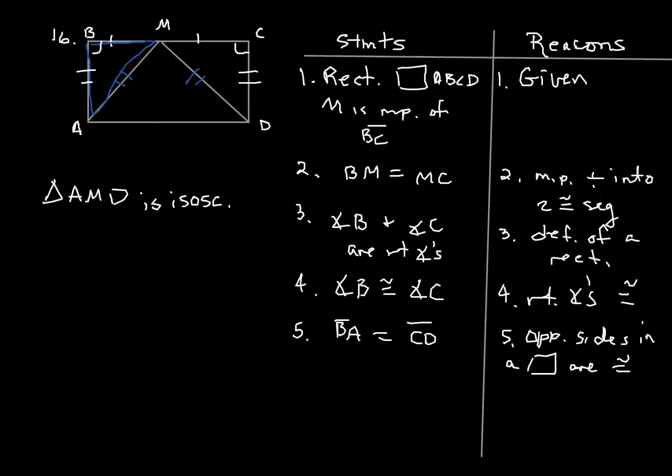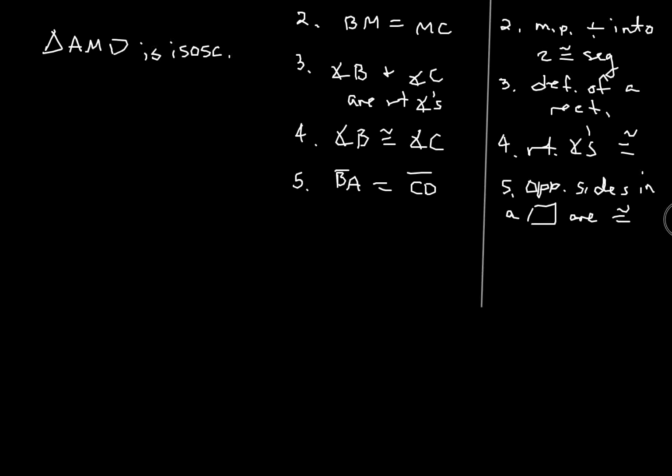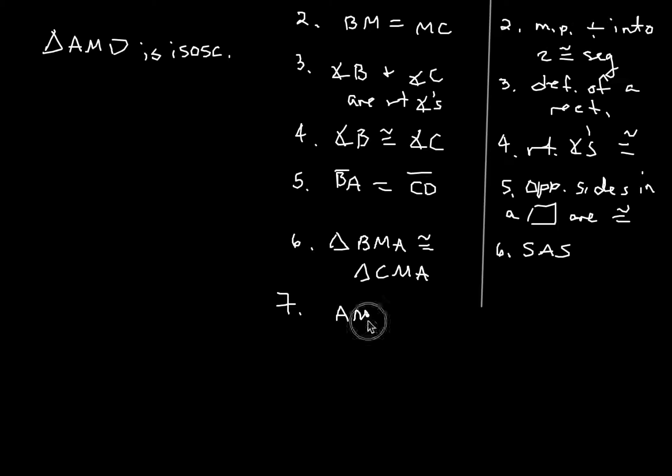All right, now the two triangles are congruent. So we're going to say triangle BMA is congruent to triangle CMD by side angle side. Then we can say AM, I'm going to go back up and show you.